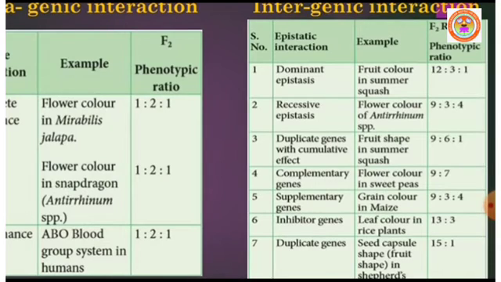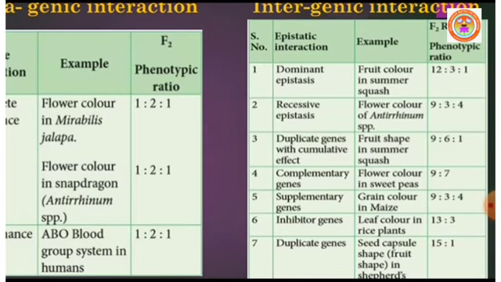Based on the nature of the interaction, several types were studied. We are going to study dominant epistasis in fruit color of summer squash, and many other types are given in the table.